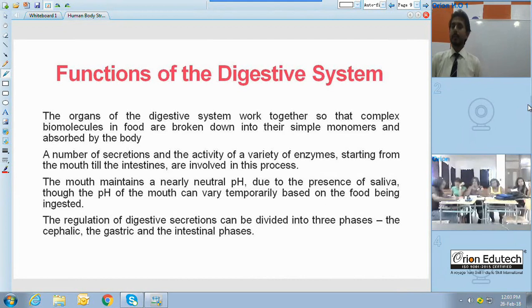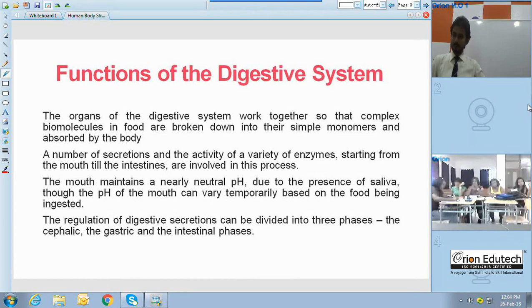The regulation of digestive secretions can be divided into three phases: the cephalic, gastric, and intestinal phase. The various enzymes which are produced during the digestion of food items are divided into three phases.